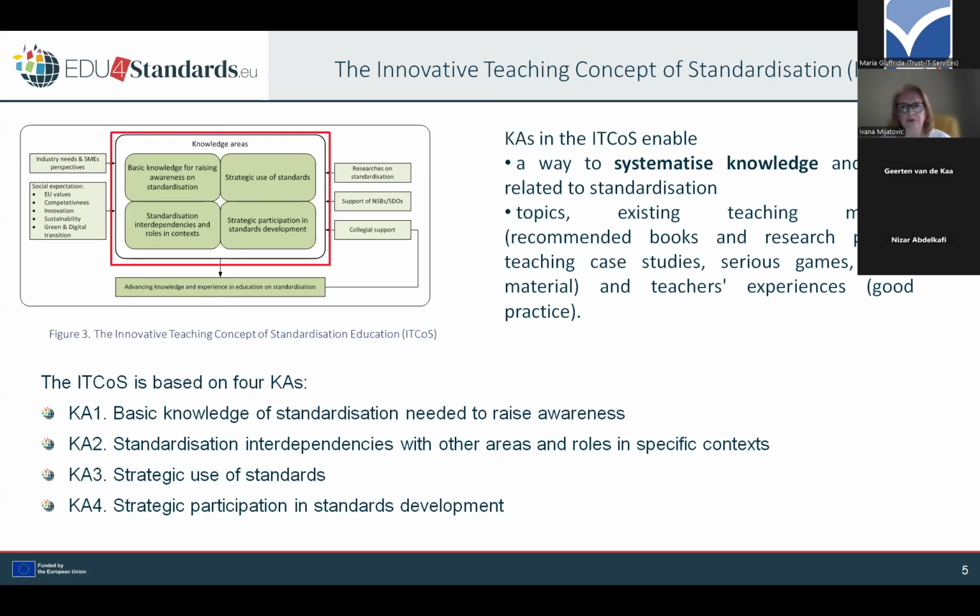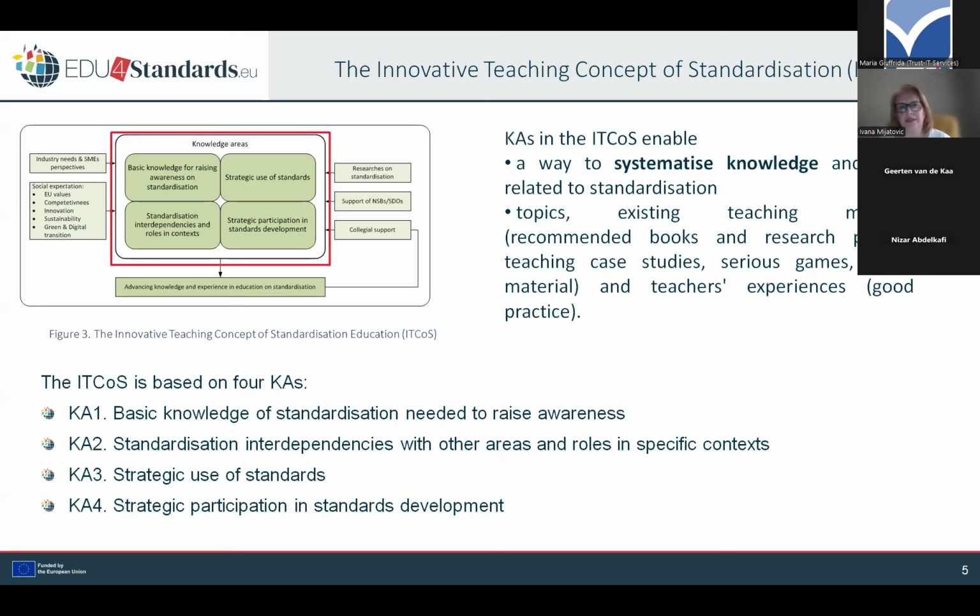The innovative teaching concept of standardization is based on 4 knowledge areas. The first one is basic knowledge of standardization, needed to raise awareness. The second one is related to standardization interdependencies with other areas and roles in specific contexts. The first two knowledge areas are mainly, if I can say that, theoretical.